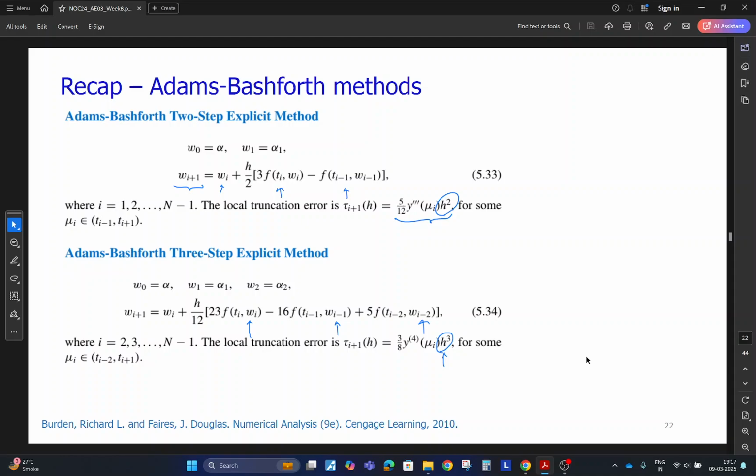We have already touched upon this topic in one of the previous sessions, but just to remind you, an explicit method is one where the quantity to be estimated, say the value of the variable at the current time step, can be expressed entirely as an expression of previously known quantities, such as the value of the variable at the previous time step at various spatial coordinates, and so on.